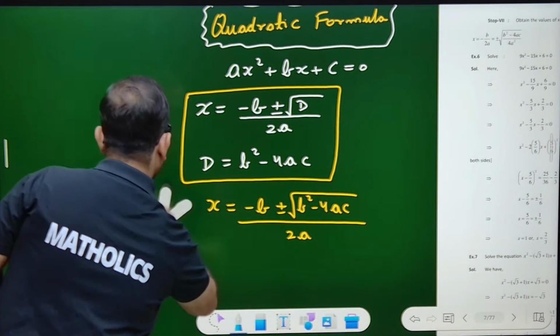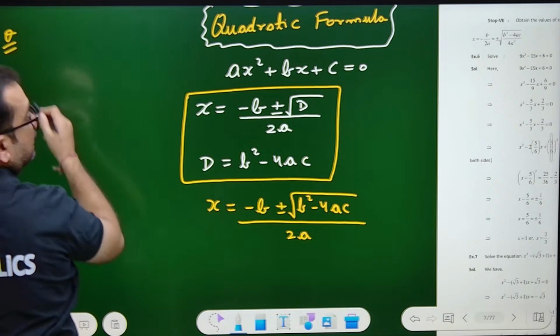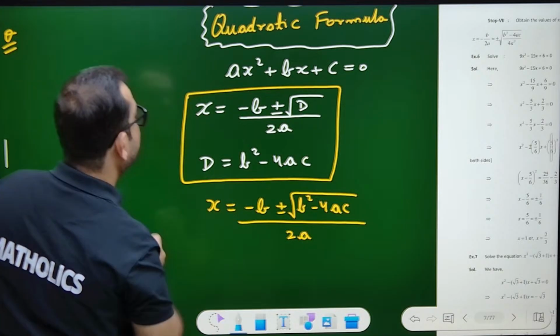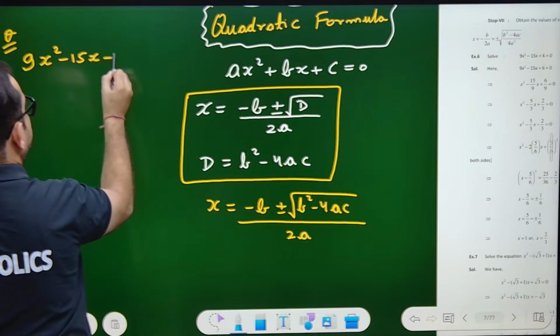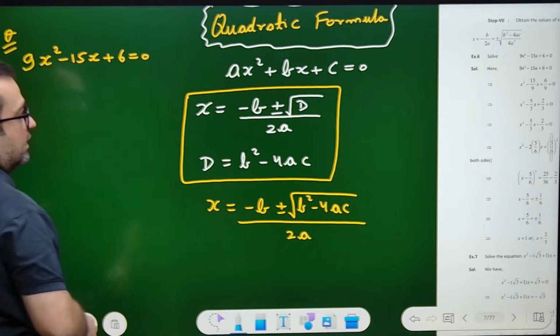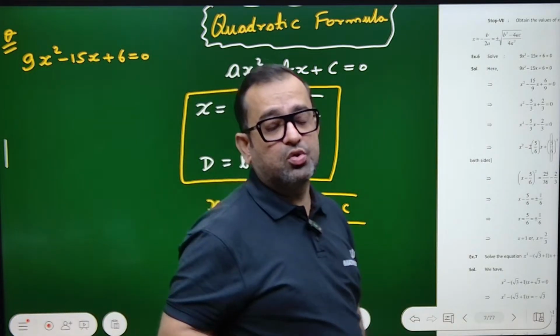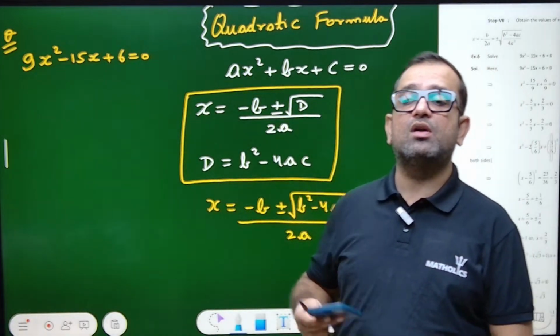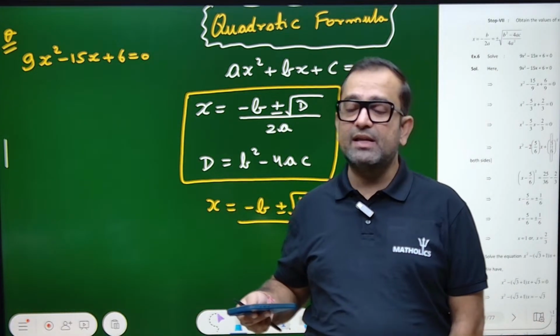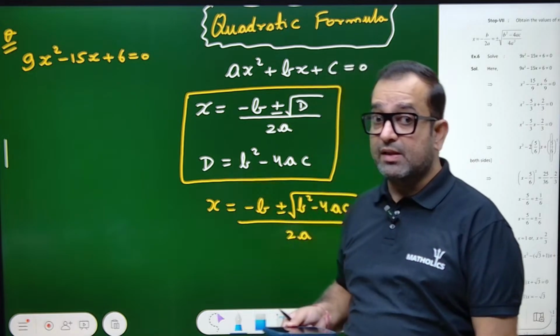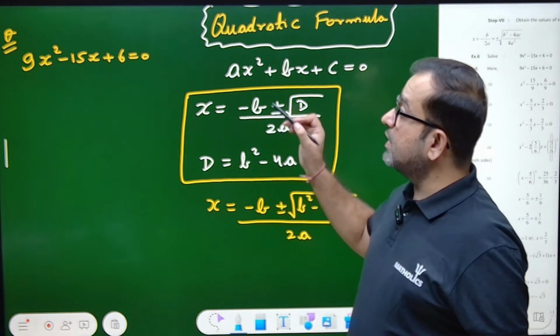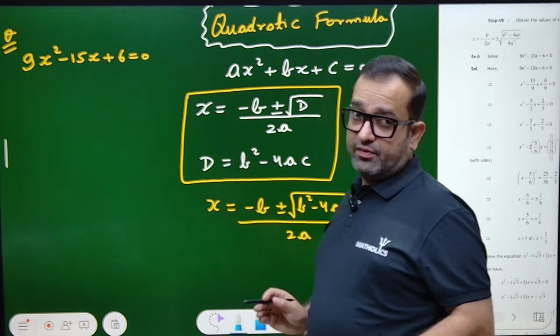Question: solve 9x square minus 15x plus 6 equal to 0. See, the quadratic formula is for those students who do not find the terms for splitting the middle term. If you are having a real problem in splitting the middle term, then only you'll be happy to use the quadratic formula, right?